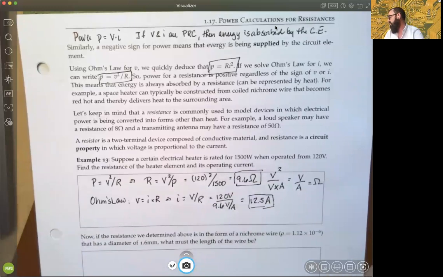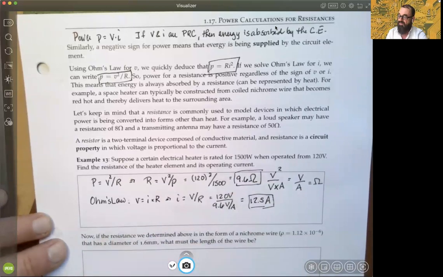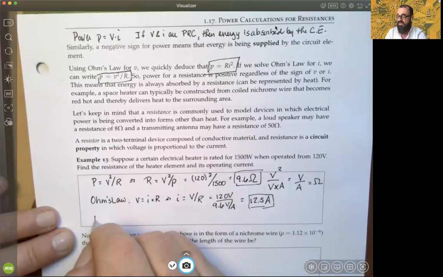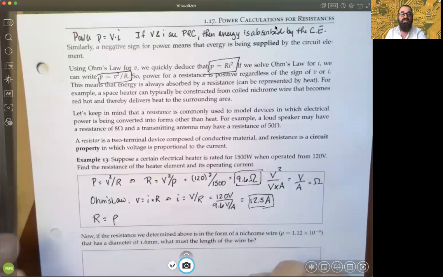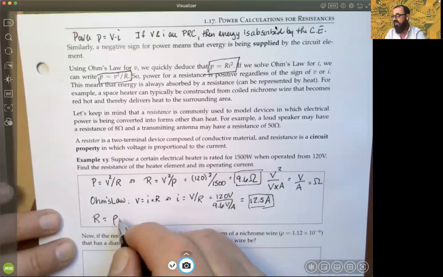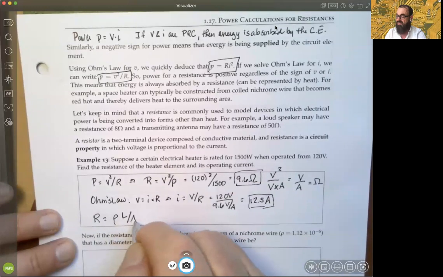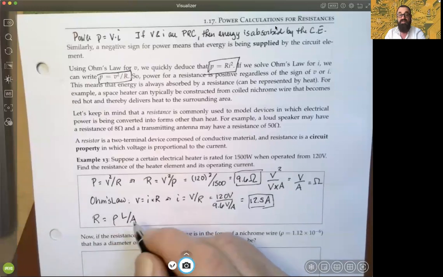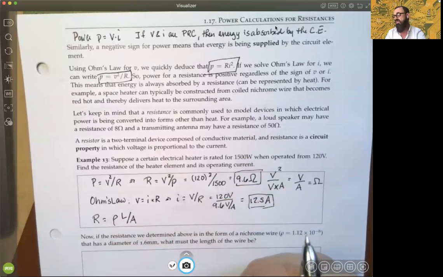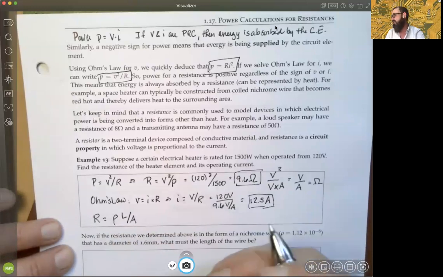Right. So keep in mind, just as a review, the resistance, because we'll use this in a second, can also be physically determined by the resistivity constant for the material used to make it, times the length of it, divided by the area of the cross-section of the wire that's been used, okay.